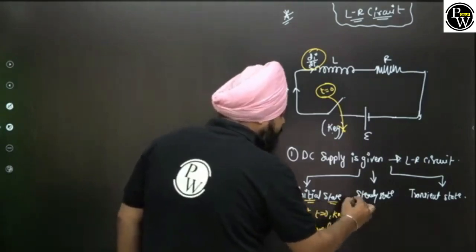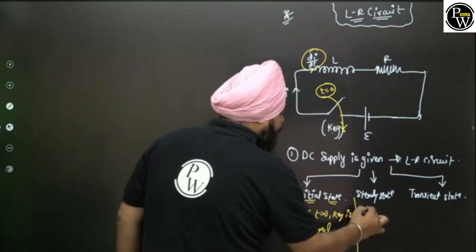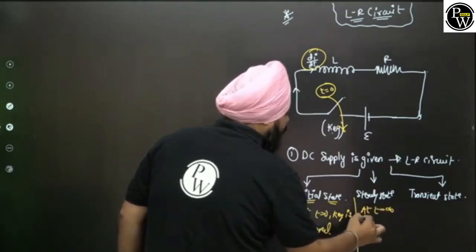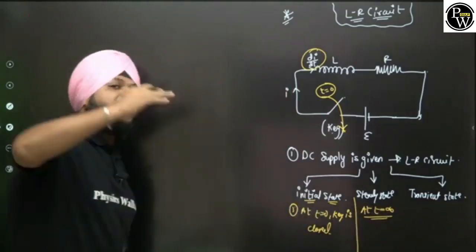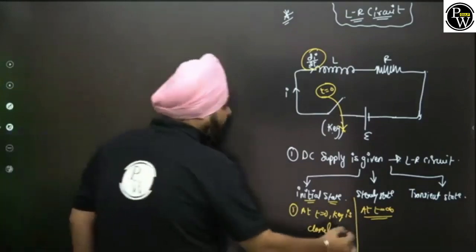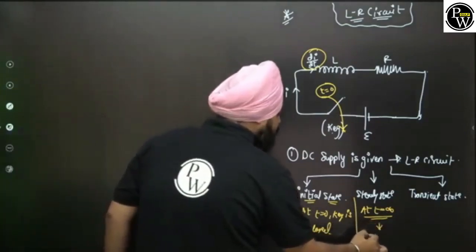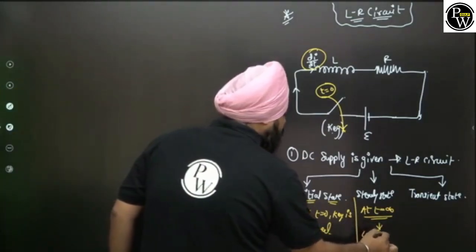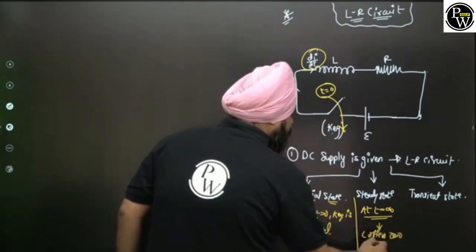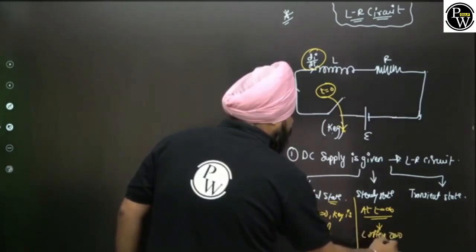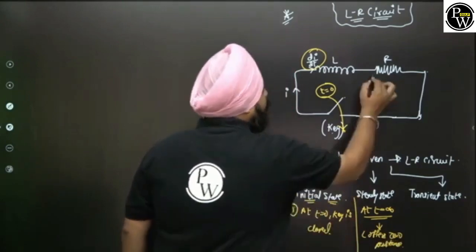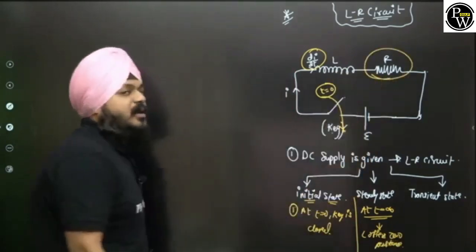Steady state means that at infinite time, after a very long amount of time, the inductor offers zero resistance. In that case only R is active, the resistor is active.